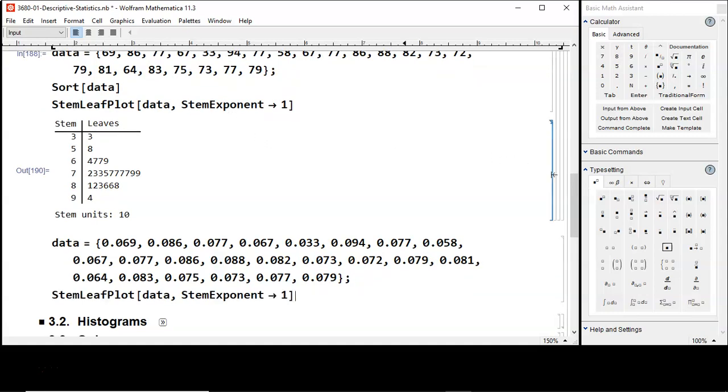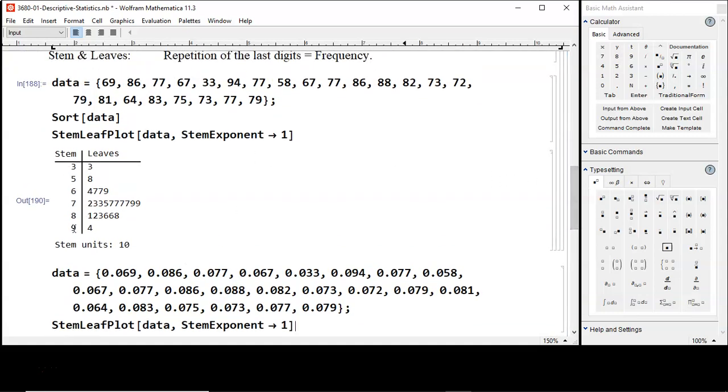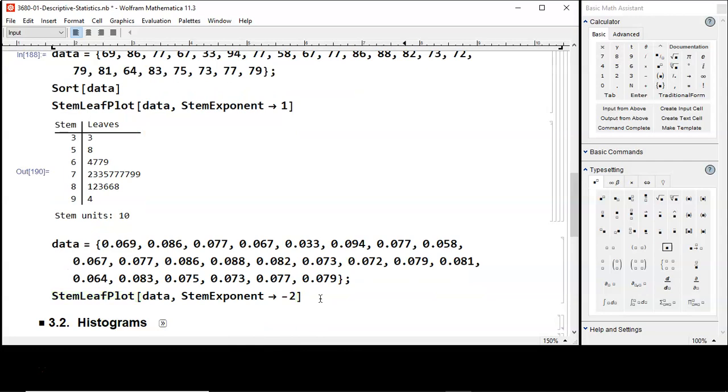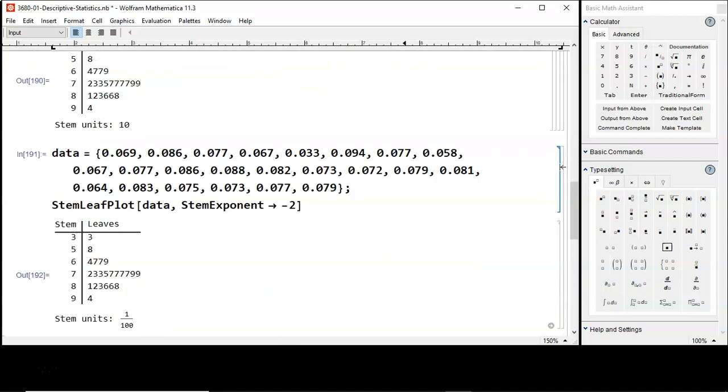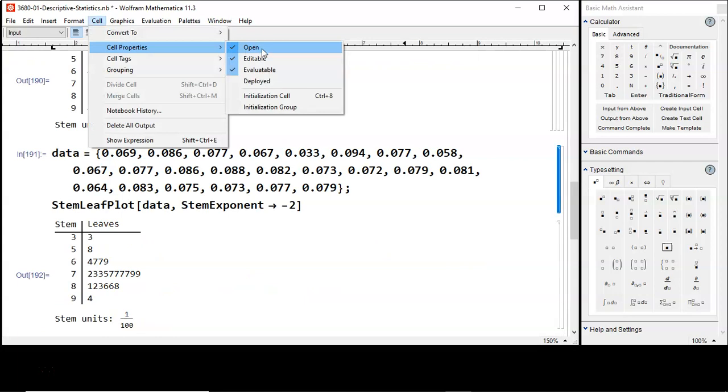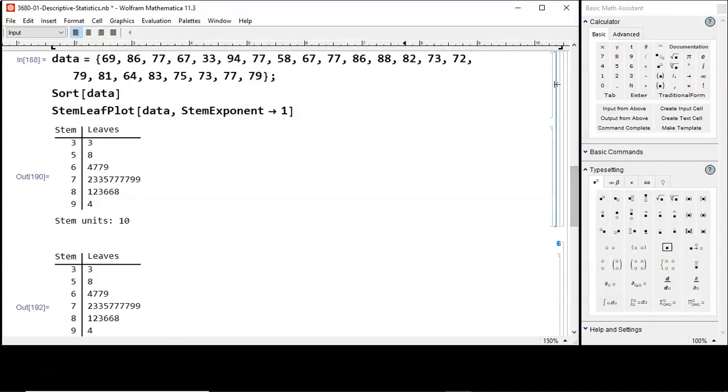Stem exponent is 1, so stem is 10s units in this case, 10 to the first power. Here, the last digit is the leaf part, the stem part is the second decimal digit, 1 over 100, so 10 to the negative second power. Change that to negative second power, and then run this Mathematica program, and let's compare these two stem and leaf displays.